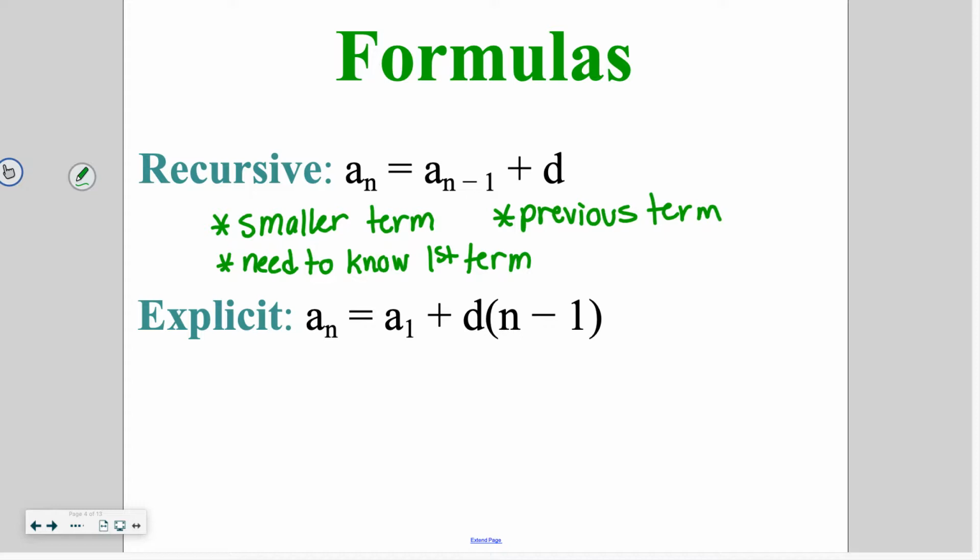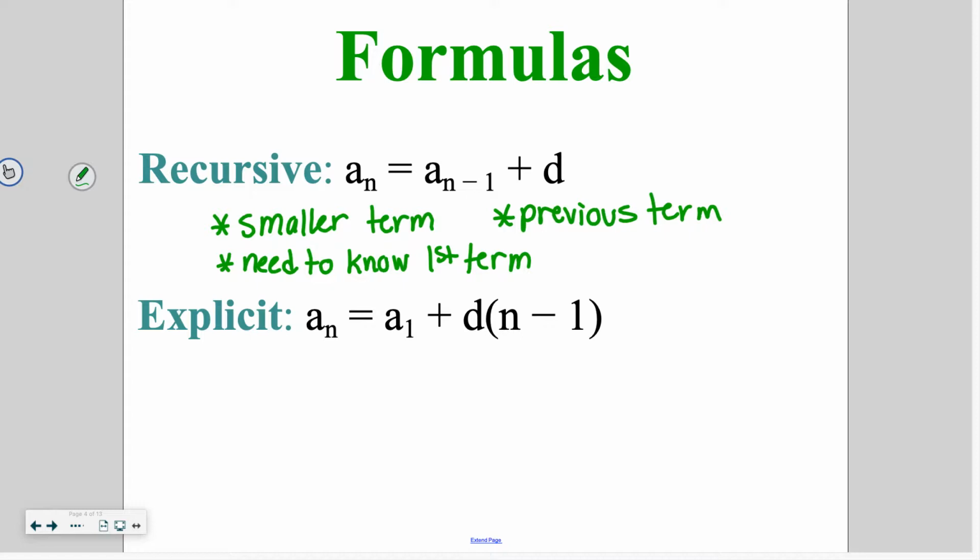So for example, they give you the 50th term and they ask you for the 51st term. You're going to be able to use this because we could plug in 50 and add the difference to find that next term.